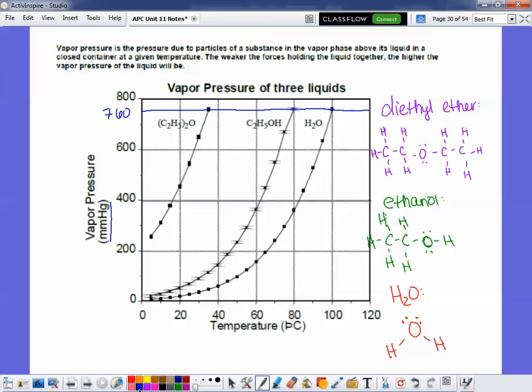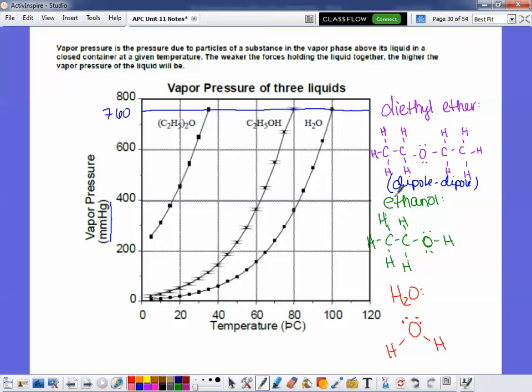You have to have hydrogen bonded to oxygen, nitrogen, or fluorine. None of the hydrogens are bonded to the oxygen, so this is not going to be hydrogen bonding. What will it be? Dipole-dipole. Obviously London dispersion forces as well, but the strongest force is dipole-dipole.